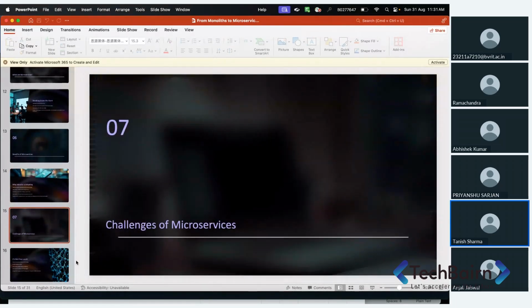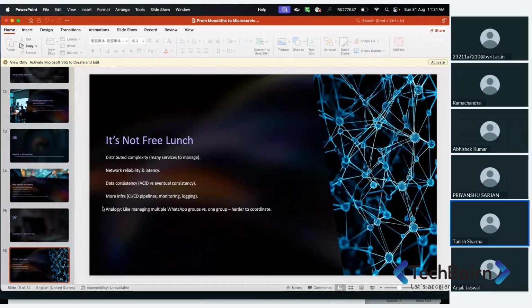Okay, so there are also different challenges that come up with microservices. Now you are not talking about a single server or a single service. Now you are talking about different services, and they make things more complex at an infra level.